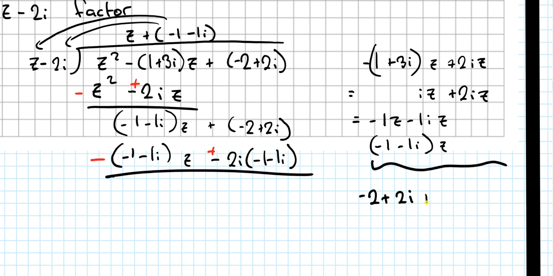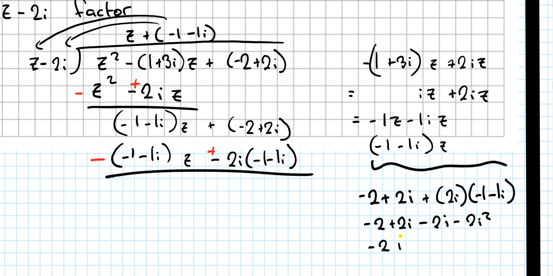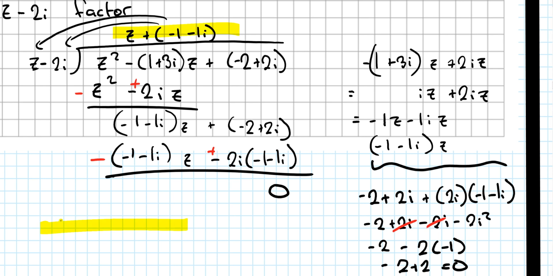Minus 2i plus 2i minus 1 minus i. Minus 2 plus 2i minus 2i minus 2i squared minus 2. Those two in the middle definitely cancel. We're going minus 2 by minus 1. Minus 2 plus 2 is equal to 0. So we're getting 0. So that means this is another factor.